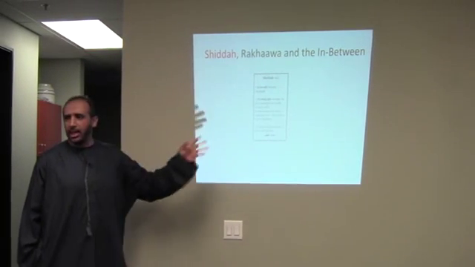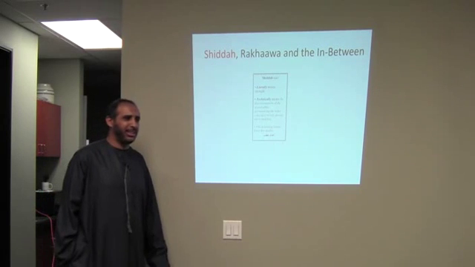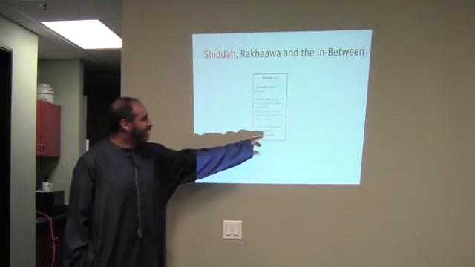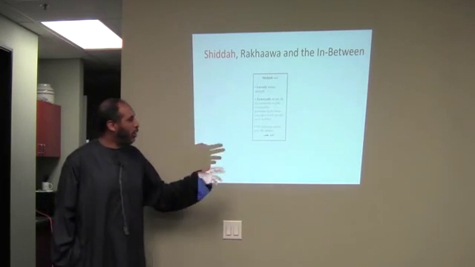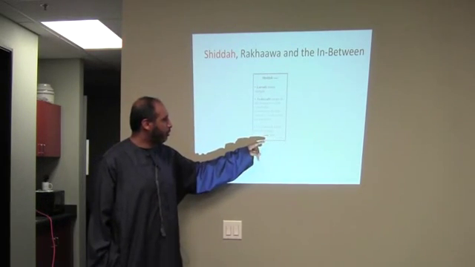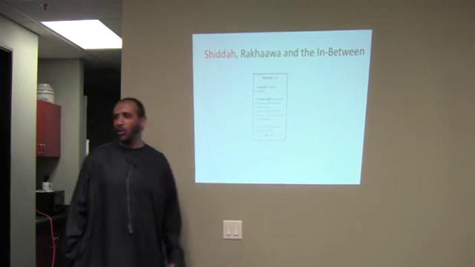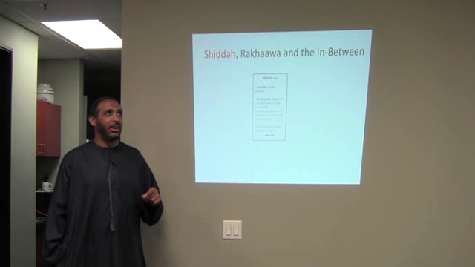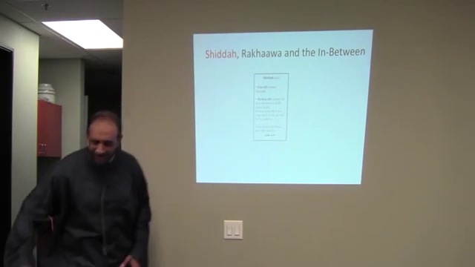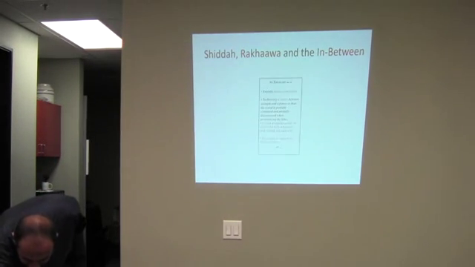Again, there are mnemonics from our shuyukh that always come up with these. It's called ajidka tatbuq, or ajidka taqtub. No, this is not qalqala. Subhanallah, there's another one that they use.